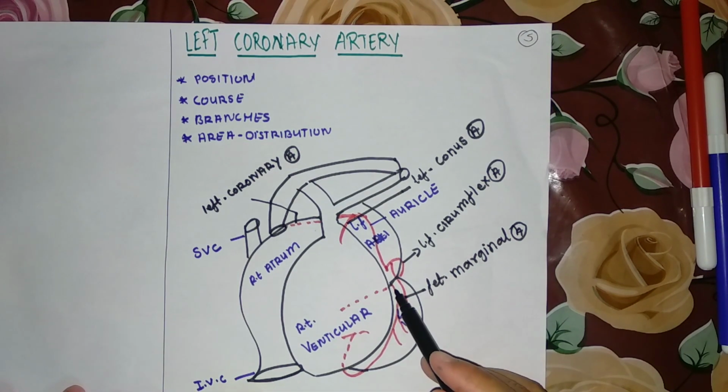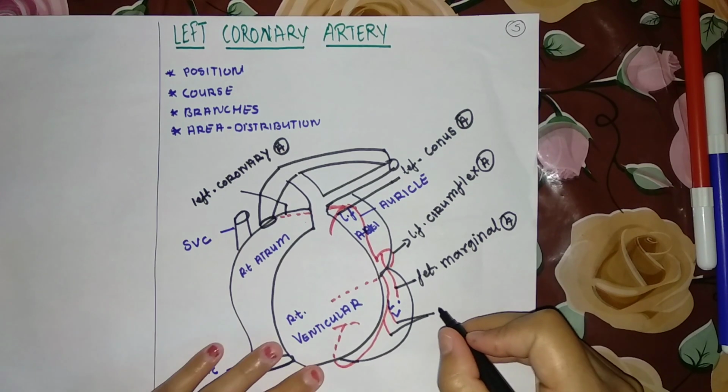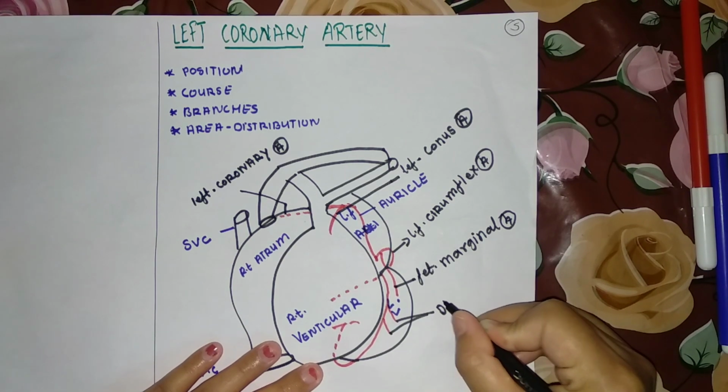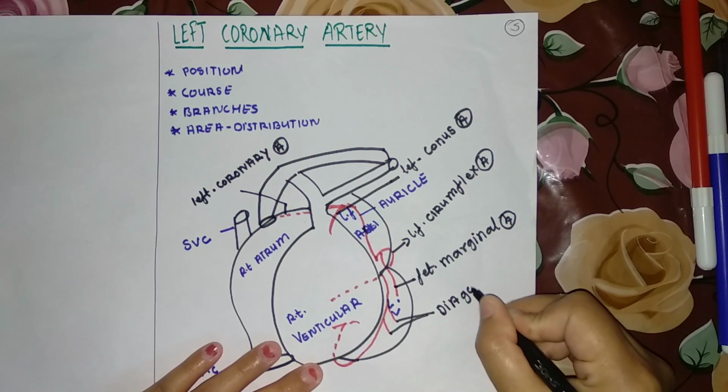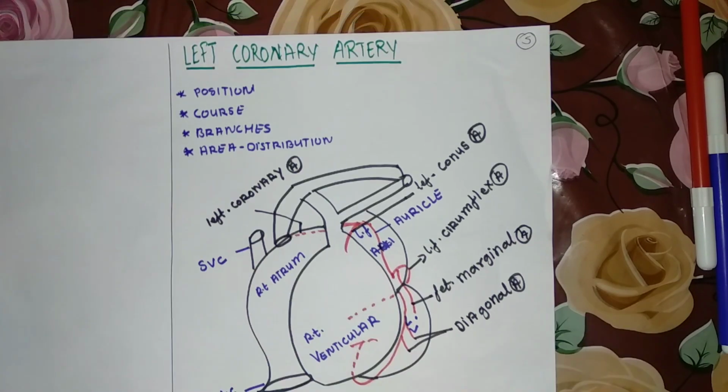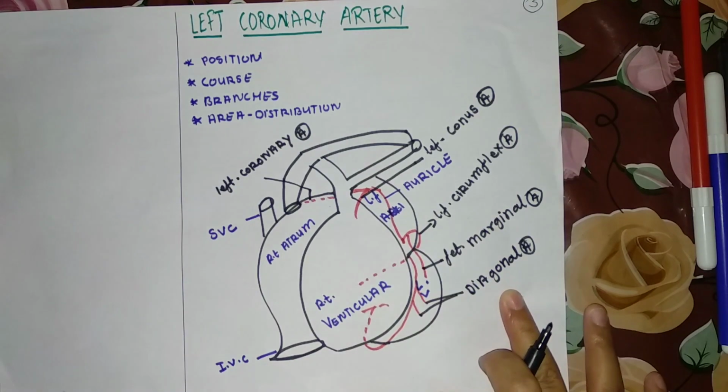And then descending downwards it gives so many branches, and these branches are called diagonal arteries.